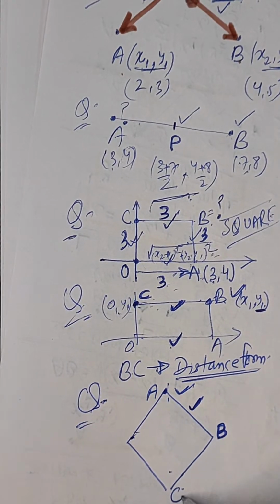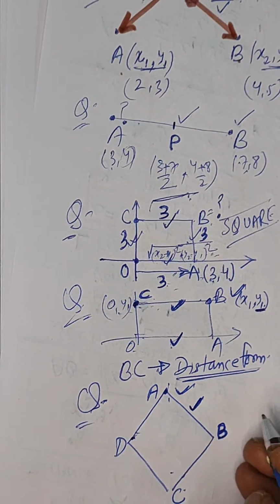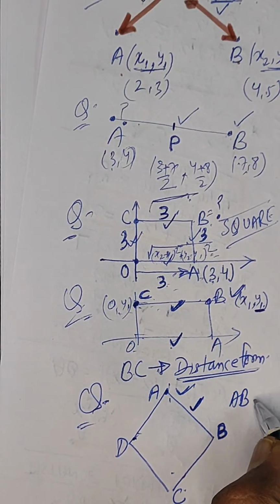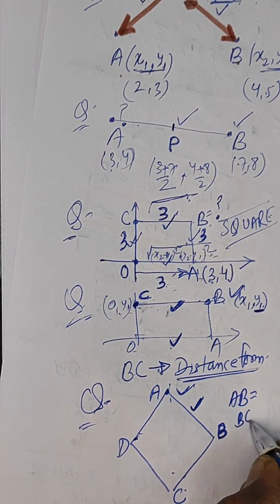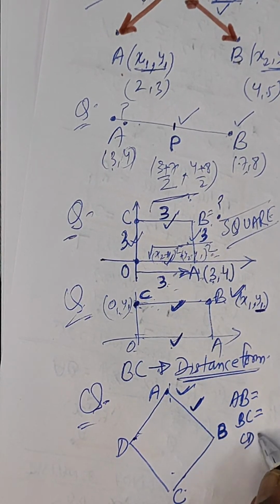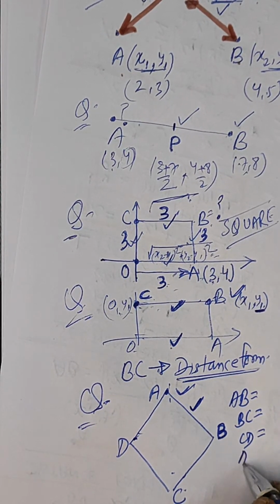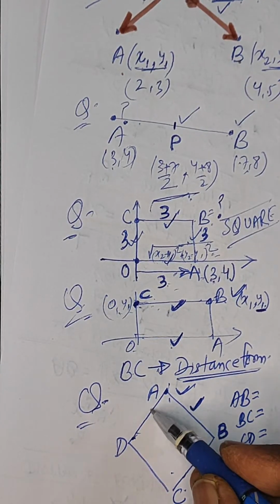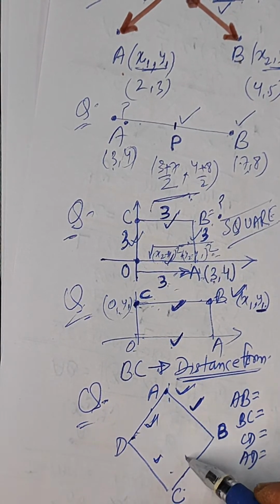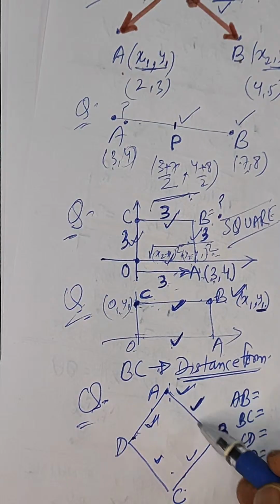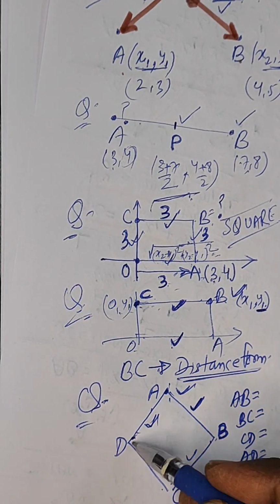Then we can say that for a rhombus ABCD, AB is equal to BC is equal to CD is equal to AD, right? So in such questions, you need to understand that yes, the distances AB, BC, CD are all equal.